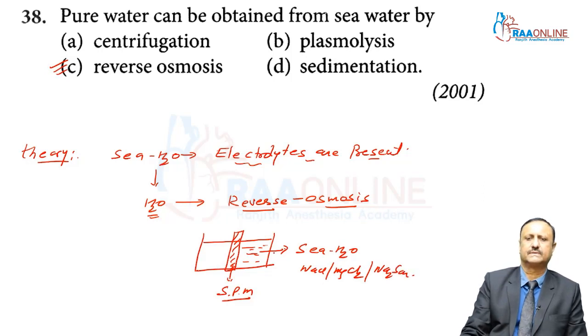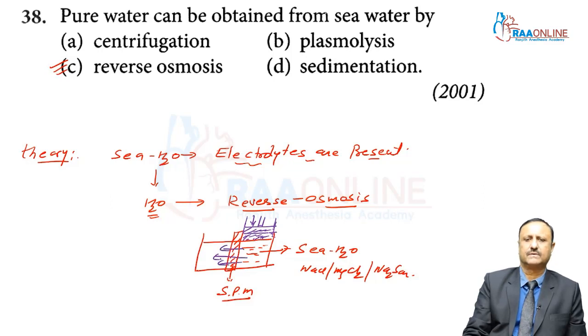So my dear students, when we increase the pressure on this side, this is a piston, and we increase the pressure on this side. So when pressure is increased, then water from the seawater, where water concentration is low, goes through this SPM.